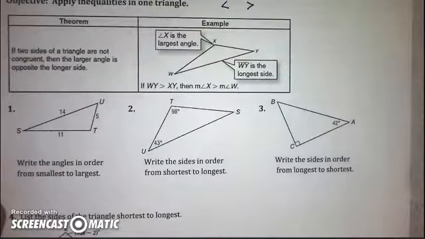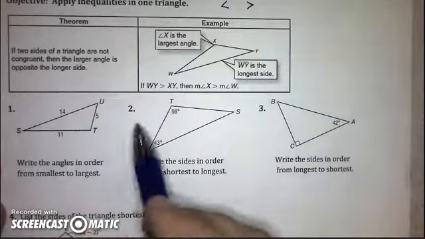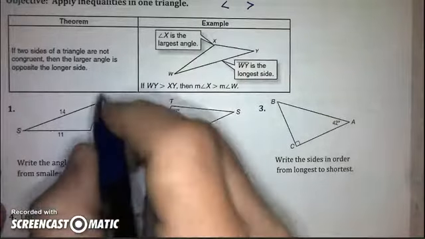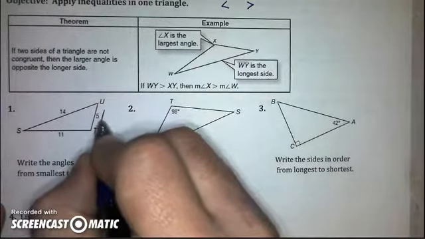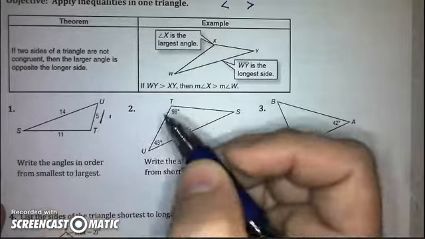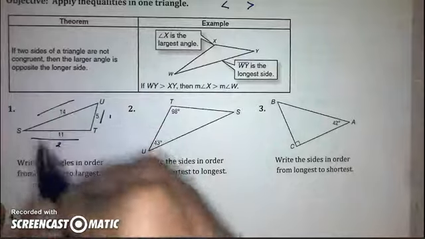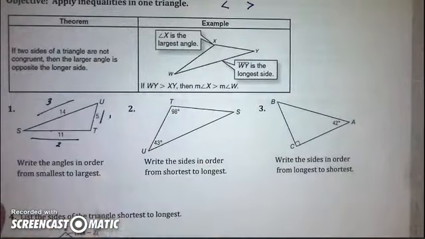And so you guys have probably already done this part, but let's just review what answers you got for 1, 2, and 3. Okay, so you can tell that UT is the shortest side, and that ST is the next longest side, and the longest of all three is SU. And so those sides are opposite the angles in the same order.